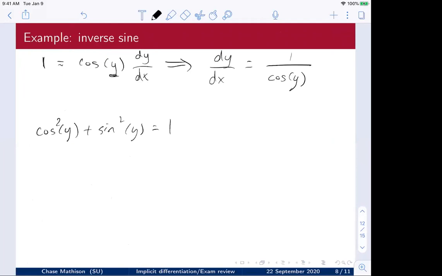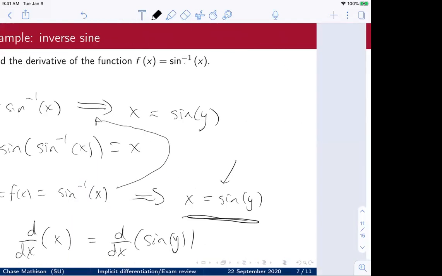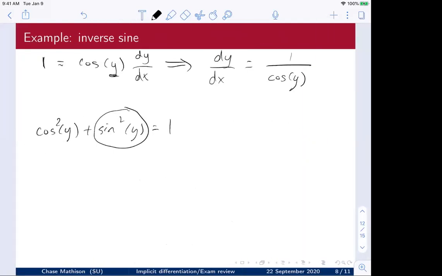Cosine squared of anything plus sine squared of anything is equal to 1. But what is sine squared y? Sine of y is just x, right? So sine squared of y, remember that means sine of y squared, is just x squared. And so that tells me cosine squared y plus x squared is equal to 1.